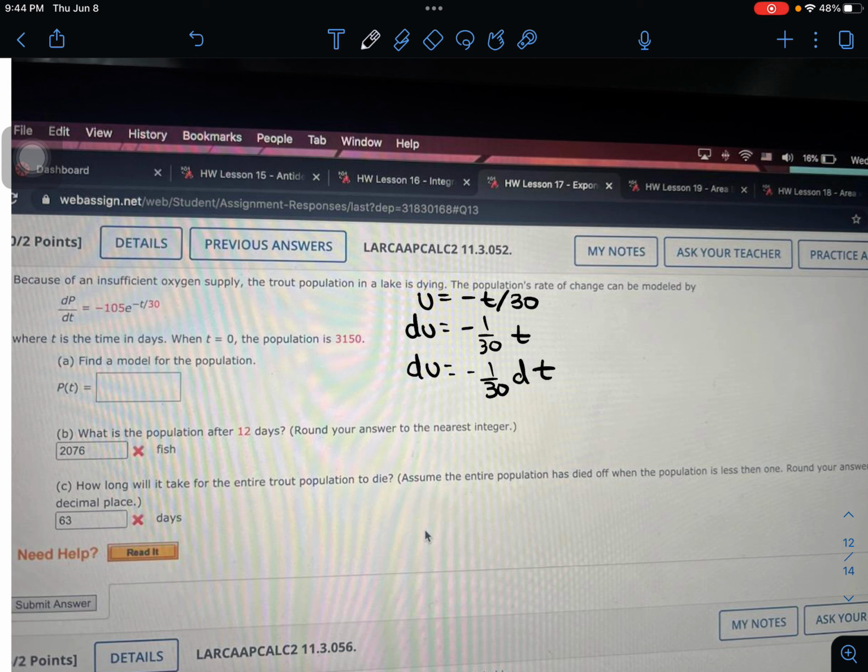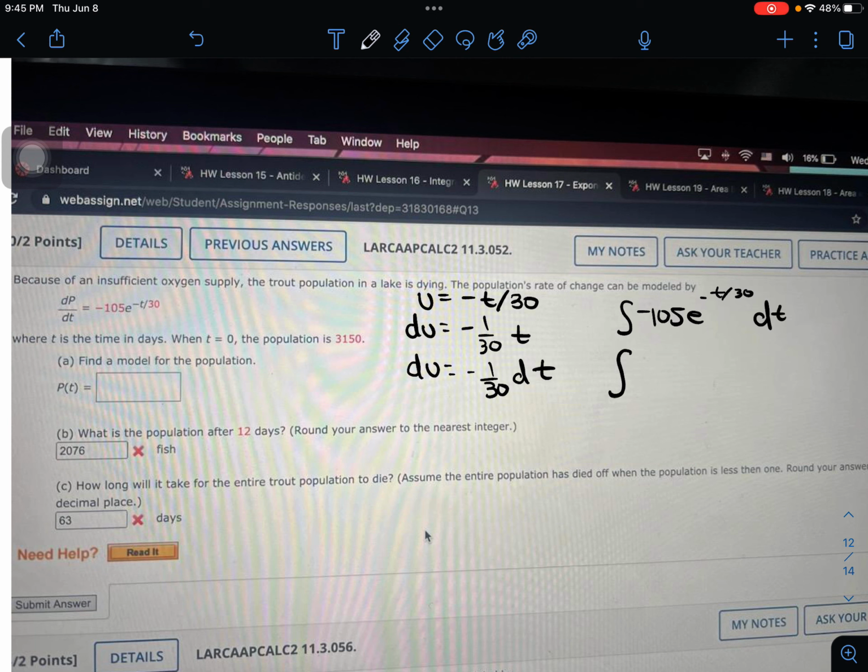Now, what I'm going to do is see if I can rewrite that whole thing, this whole function right over here, in terms of u and du. So I'm taking the integral of negative 105 e to the negative t over 30, with respect to t, dt.